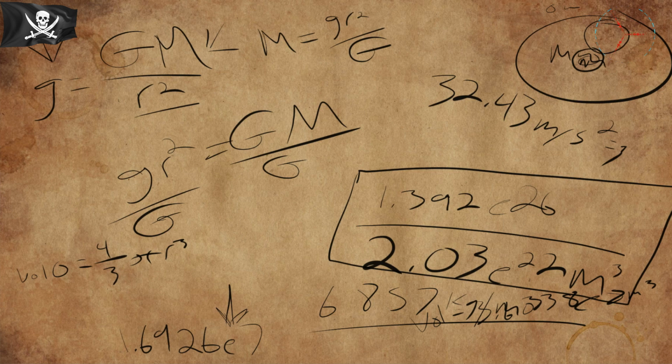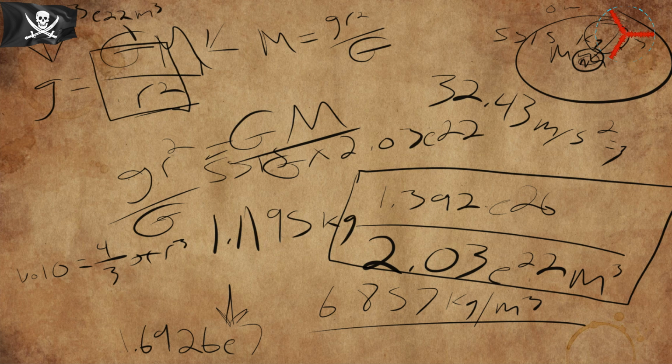Hold on a second. I want to check. What is the mass? How's that possible? 1.392 E26 is the total mass of Minecraft. How is that possible? That doesn't make sense, does it? That these numbers... Wait.